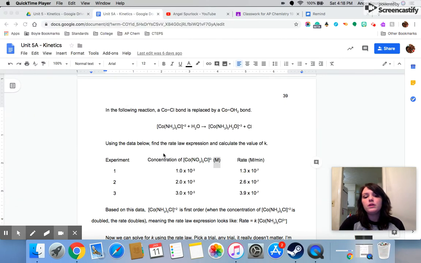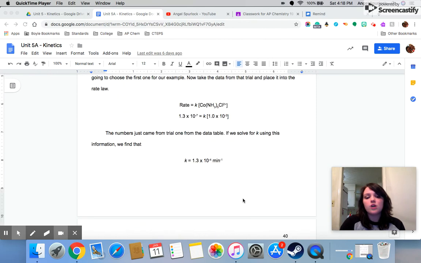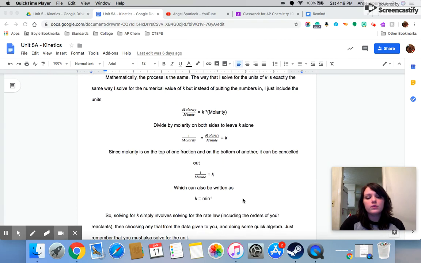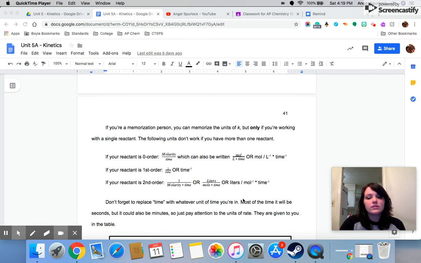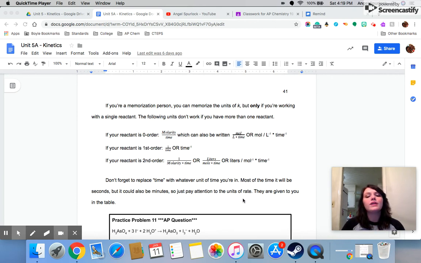And that's probably about all there is to solving for K. I've got a few more examples in here for you to look at. And I can tell you that if you only have one reactant and you really like memorizing, you can memorize the units of K if there's only one reactant, all right?